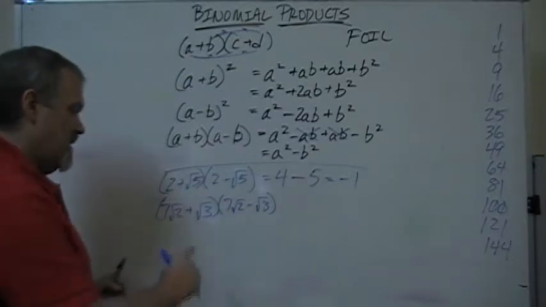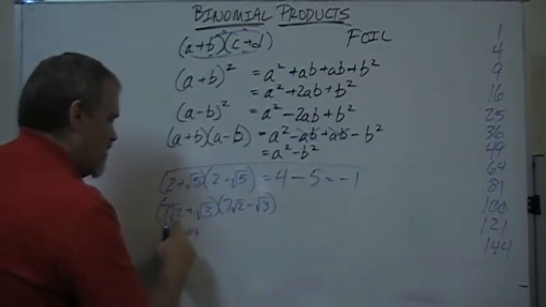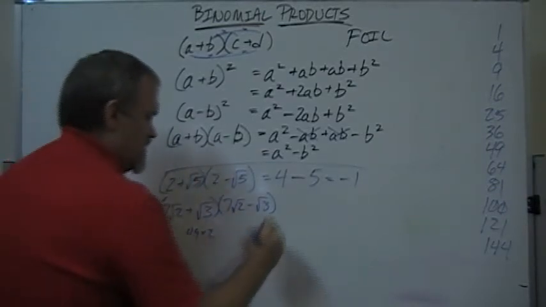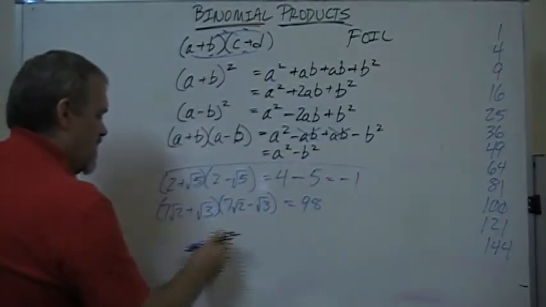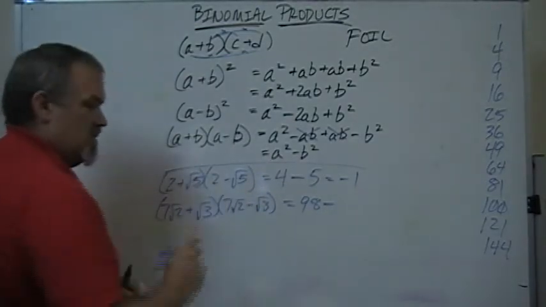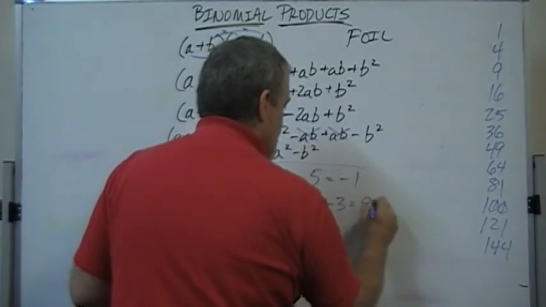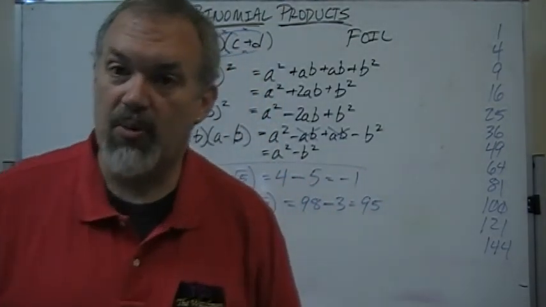Now let's do that by hand first. 7 times 7 is 49. Root 2 times root 2 is 2. 49 times 2 is 98. And then the other one, and of course we have to have a minus in the middle, and the other one's easy. Root 3 times root 3 is 3. And we can simplify that to 95. And that is how we do binomial products.